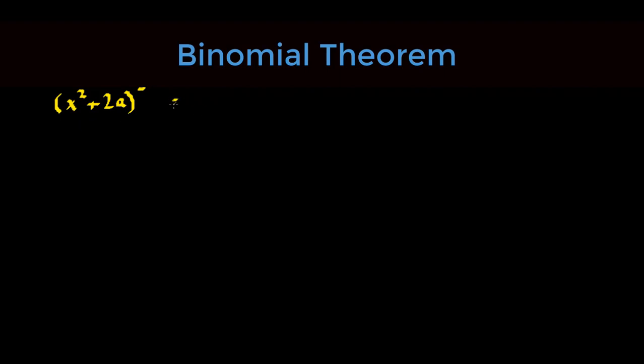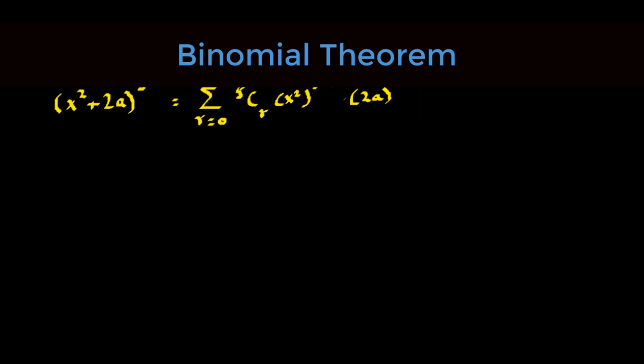So we know the binomial theorem states that summation r is 0 to n. So we have 0 to 5. So we had nCr, so we're going to write here 5Cr. Our a is x squared, whole thing raised to the power 5 minus r, times b, which is 2a here, 2a raised to the power r.